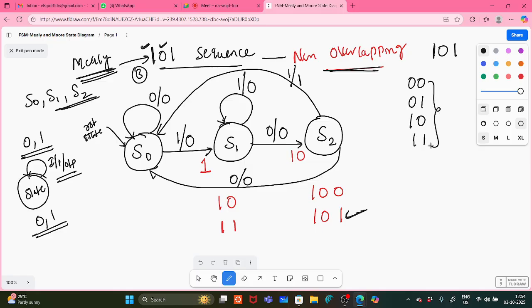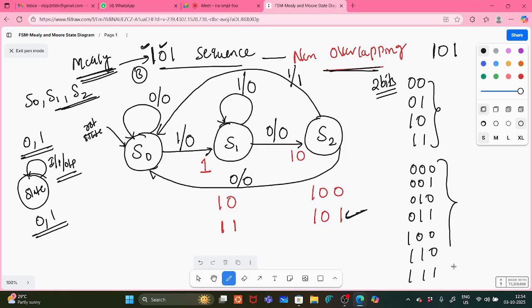For 3 bits, how many can you check? 000, 001, 010, 011, 100, 101, 110 and 111. So you can check 7 possible combinations.